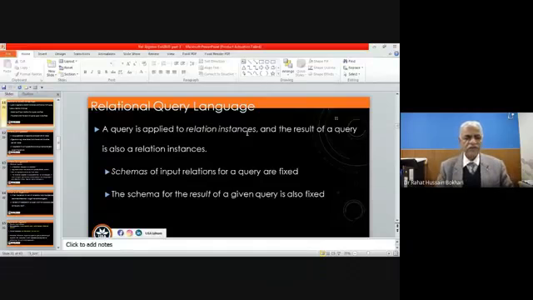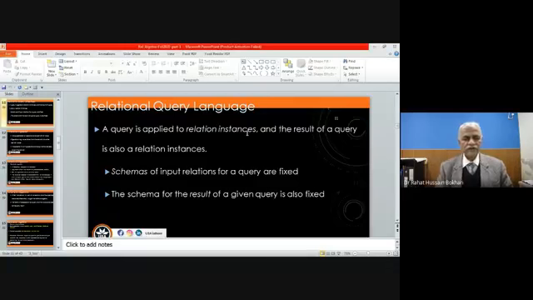What does it mean? Whenever we build a query to retrieve data, the condition is applied on the instances, meaning the rows, the tuples, and as a result we filter the tuples and get the tuples.